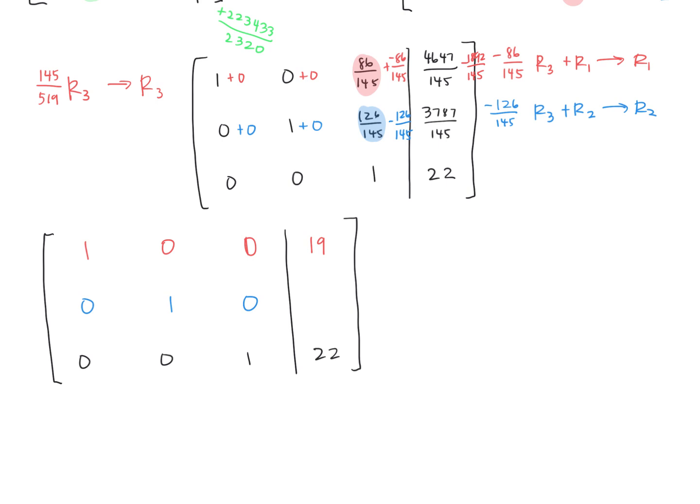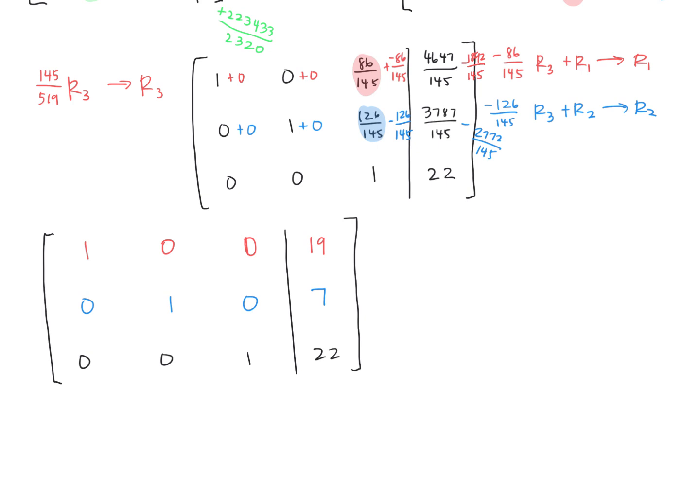And then we have 22 times negative 126 over 145. And from that, we get a negative 2772 over 145. And when I subtract those two fractions, the 3787 over 145 minus the 2772 over 145, I will get 7.